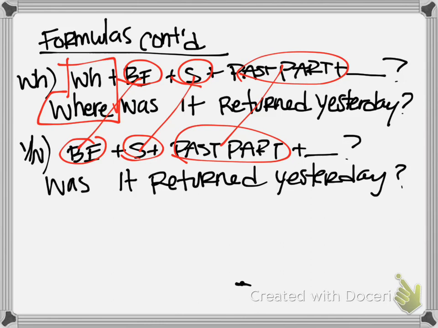It just gets put in front of your WH question. Now, one more thing I want to show you guys is when you have more than one auxiliary, your formula follows a little bit differently.